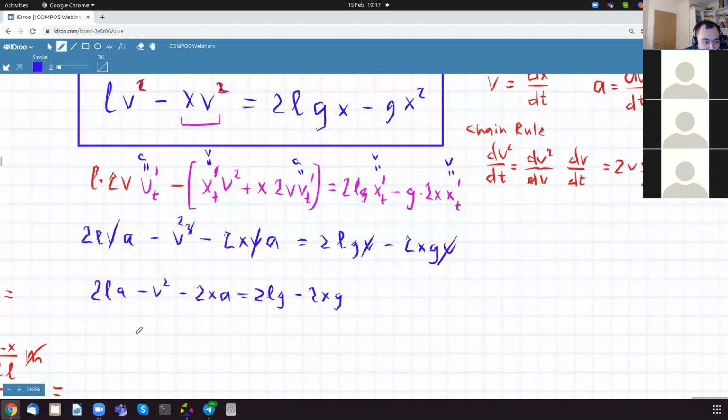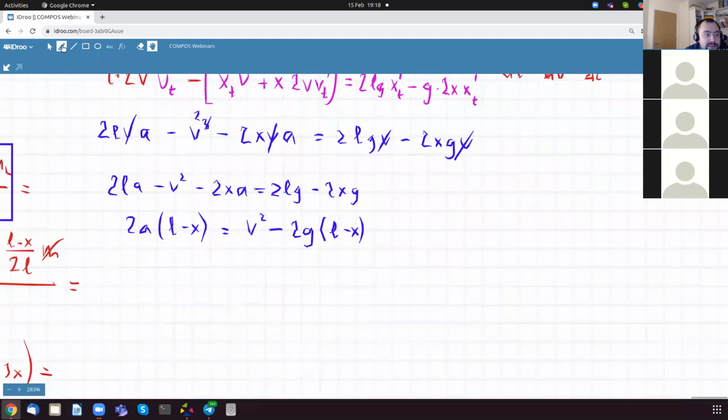So a times l minus x equals v squared minus 2g times l minus x. From here, I find acceleration.